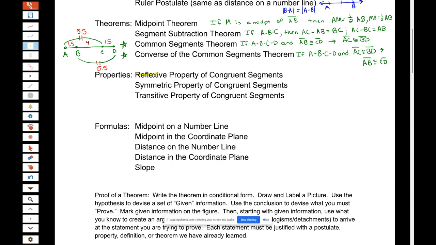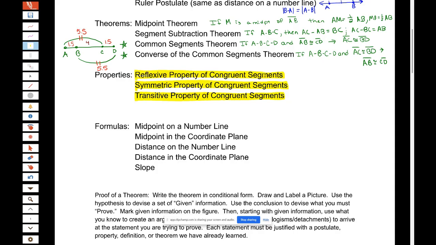Okay, we will use these a whole lot, all 3 of them. You already know what reflexive, symmetric, and transitive are because we had them as properties of equality. And I'm calling them properties here as well, because most teachers, most books, most state and standardized tests treat them as properties. But the truth is they are actually theorems that can be proven.